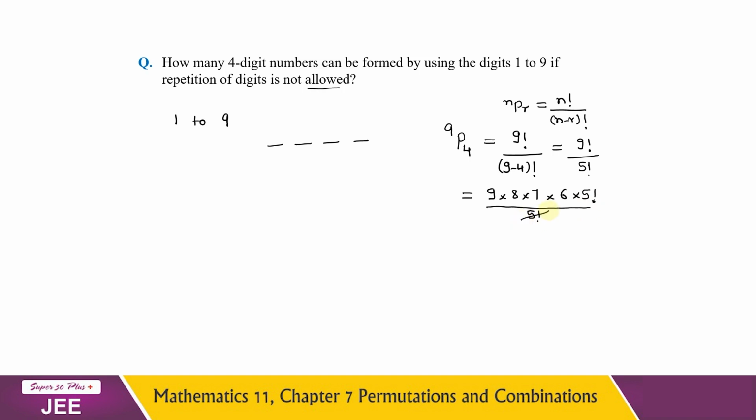Again 5 factorial gets cancelled off and the rest is multiplication of 9, 8, 7 and 6, which gives the answer 3024. So in all, 3024 numbers can be formed with the digits 1 to 9.